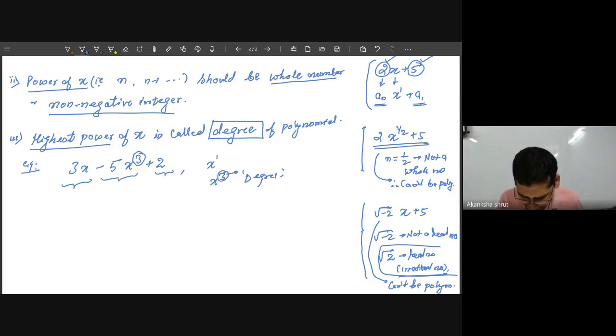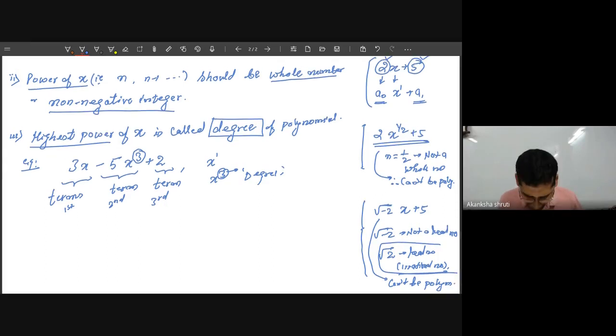So these are the terms. We may call this the first term, this the second term, and this the third term. Okay, it is like this one.